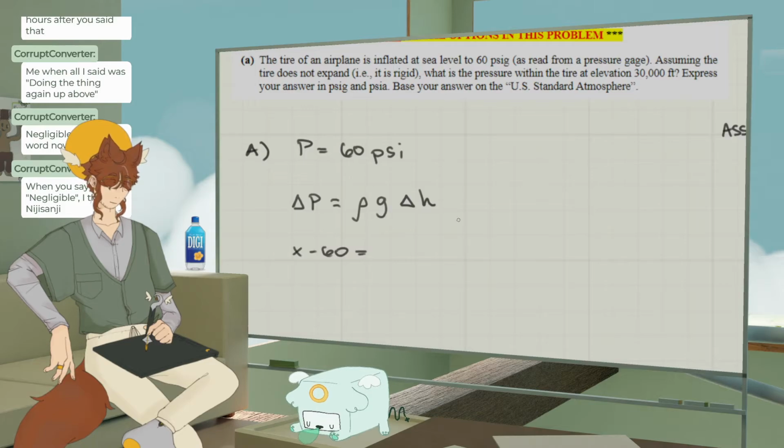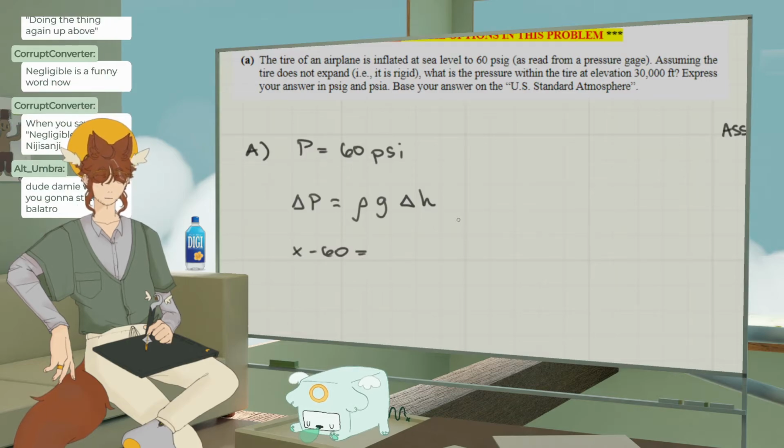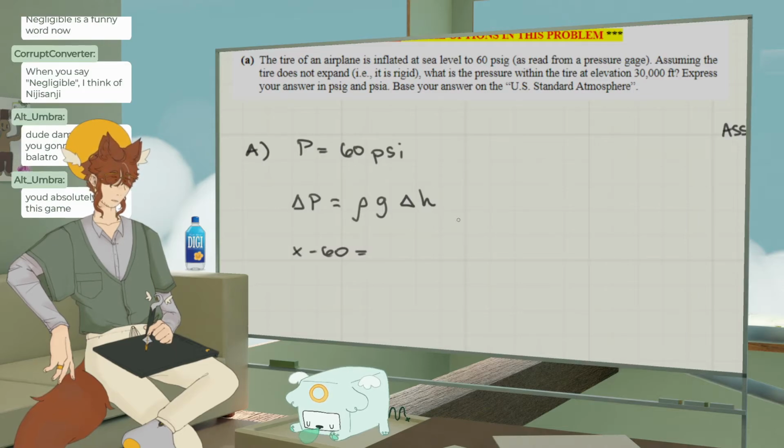How do we feel about air density? I think we feel like it changes with temperature, which means we need a... I think I'm thinking about it too much. Oh, air standard. Oh, here we go. Temp density in slugs per feet. Let's do that one.